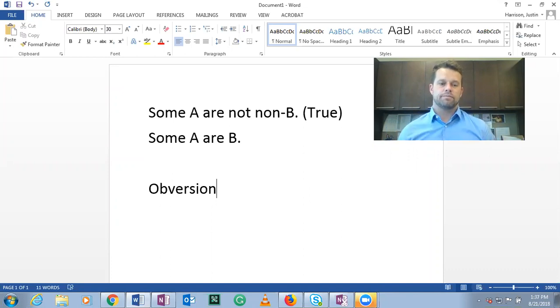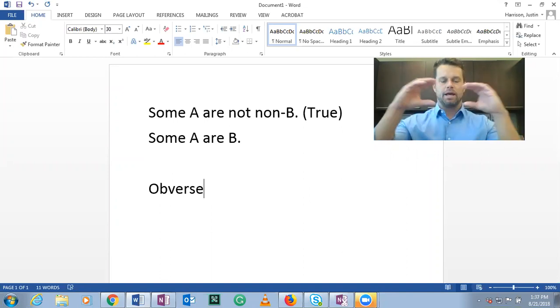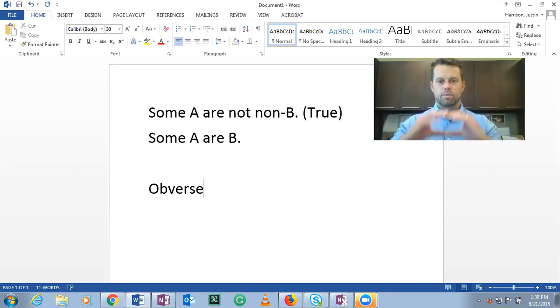So in obversion, what we do is we maintain the same quantity. If we're working with a universal, we maintain A or E. If we're working with the particular, we maintain I or O. So it looks like we've maintained the particular quantity. That's a good hint that it's the obverse.